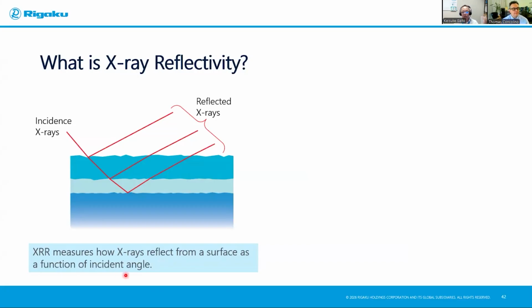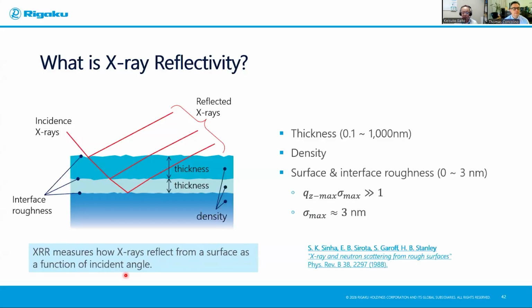That means we change the incident angle step by step, and we see how much X-rays are reflected from the surface and the interface. This shows us the thickness information, between 0.1 nanometer up to 1000 nanometers, density, and the surface and interface roughness, somewhere between 0 and up to 3 nanometers.